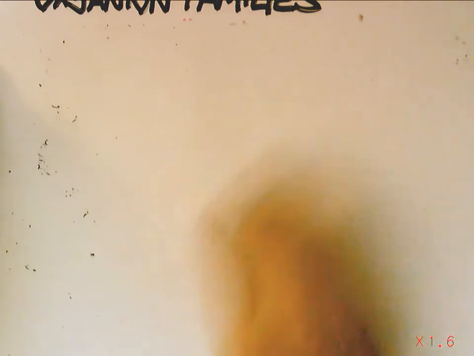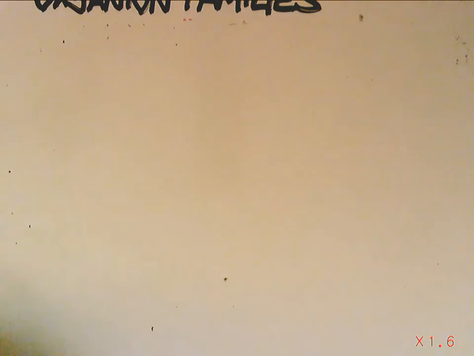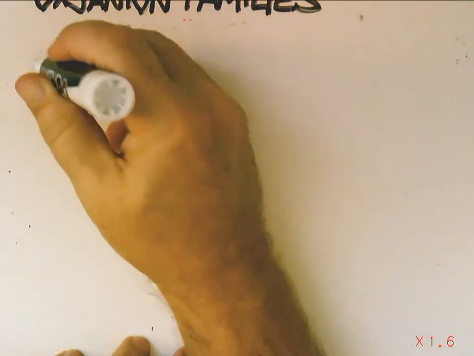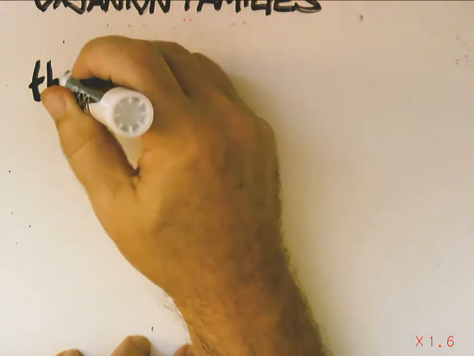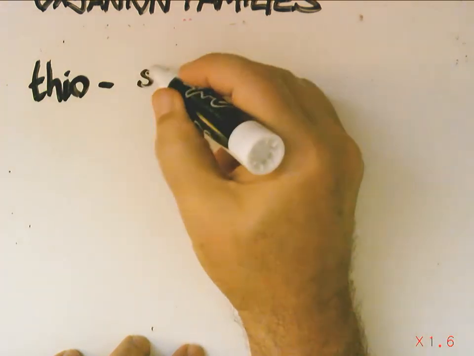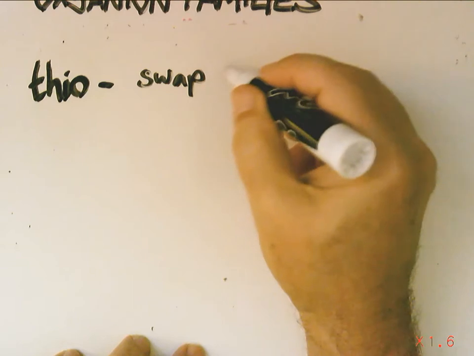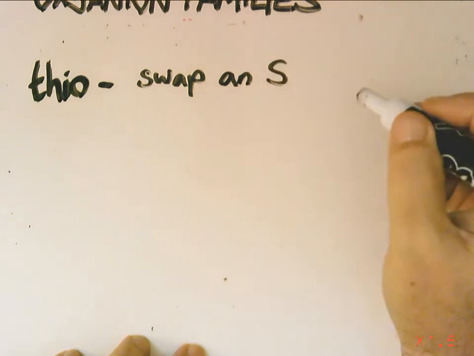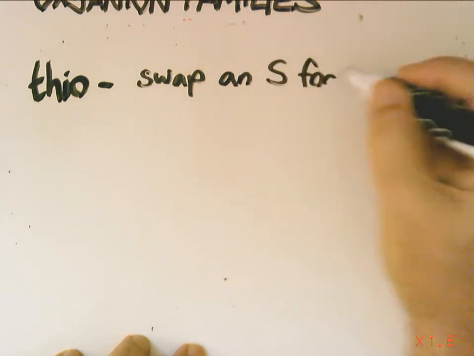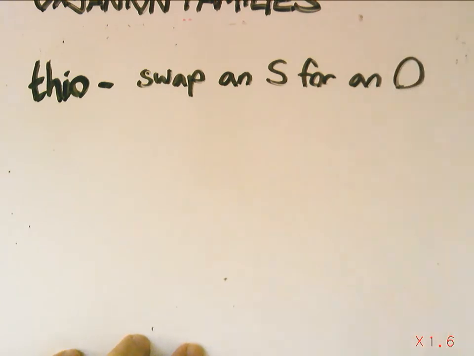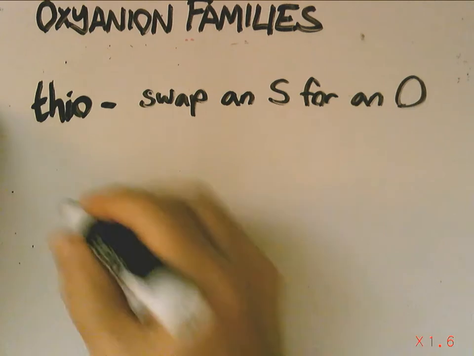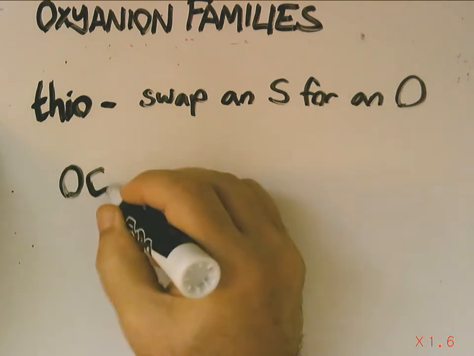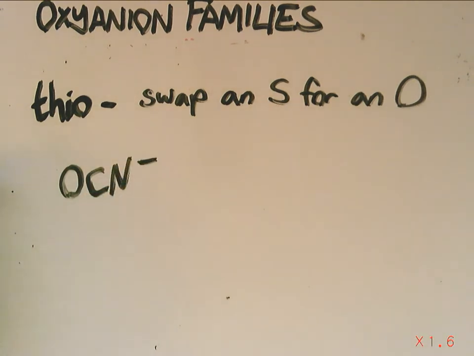Here's another thing you can do. You can use a thio prefix. That means swap a sulfur, an S, for an O. Okay, so here I have an ion off your polyatomic ion list.